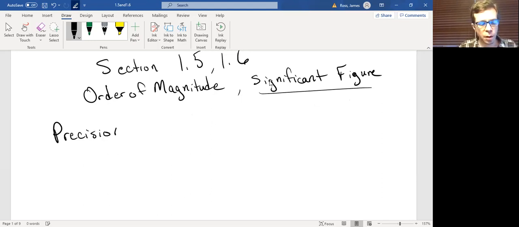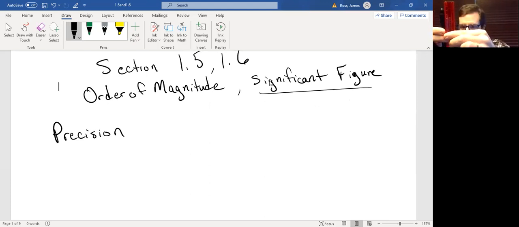I also don't think that you can really talk about significant figures without talking about precision. All right, so for example, I have here a simple ruler. I'm going to take it and measure my pen in centimeters. Let's see. I'm going to line it up there and read off that it says 16.6.